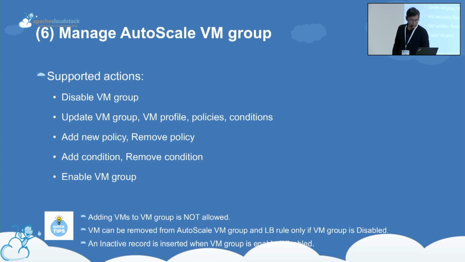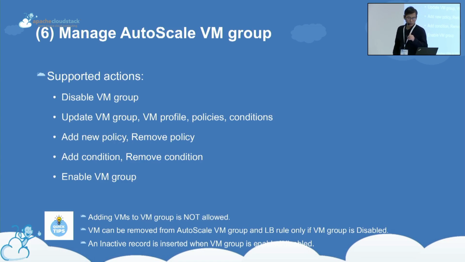Besides the monitor check, scale up, and scale down, we can change the settings of the VM group and also the policies, the profiles, and the conditions. First, we need to disable the VM group.